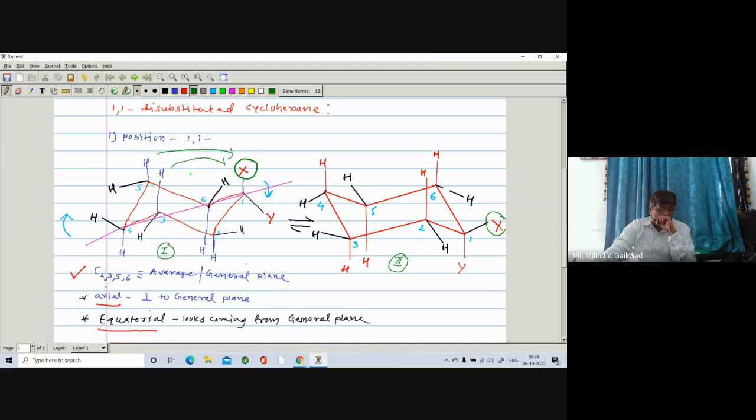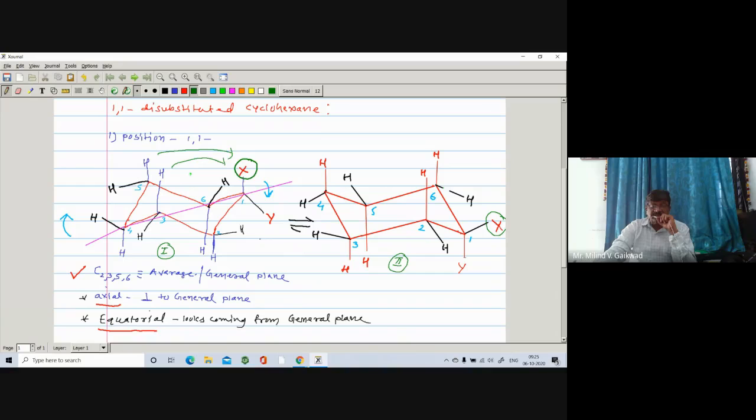So in this case, we can make a general statement that in X and Y, a group which is bulky, if it is in the equatorial position, is found to be more stable. So in structure number 1, suppose Y is a bulky group. If it is equatorial, it is found to be more stable.